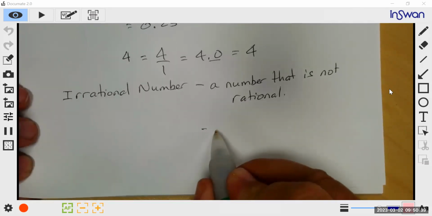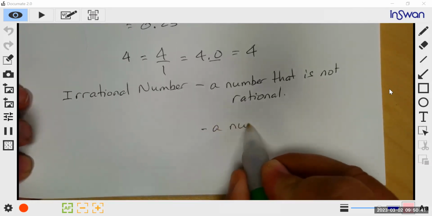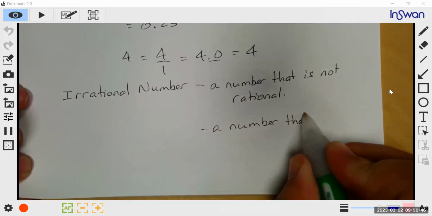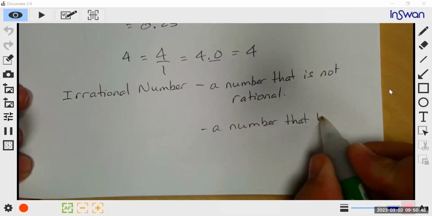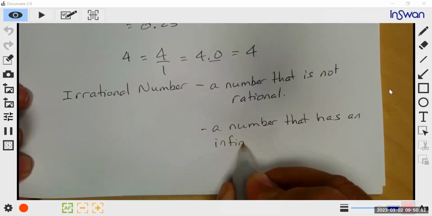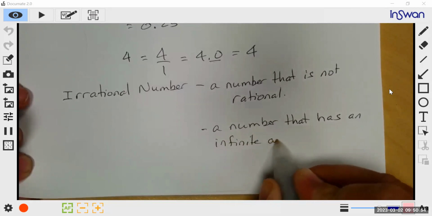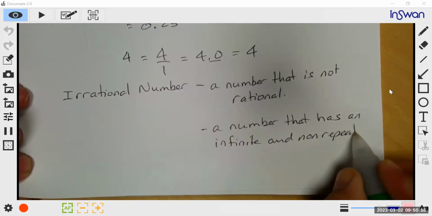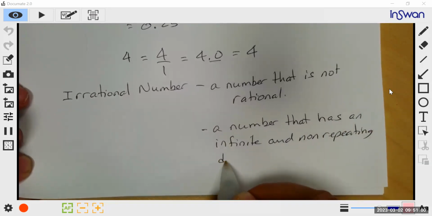An irrational number is a number that has an infinite and non-repeating decimal.